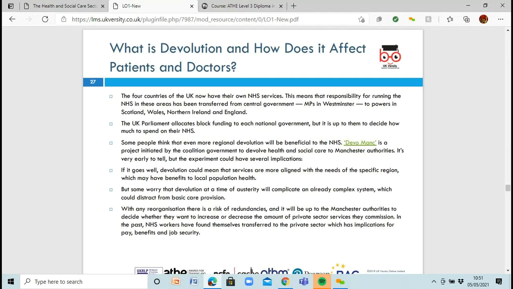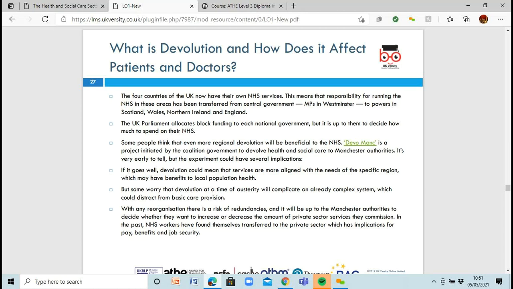And then devolution. Now, what is devolution and how does it affect patients and doctors? We've got something called DevoManc, which is a project being initiated by the government. It's to do with Manchester at the moment, where they're doing experimental studies, really trying to put it together to see if it'll be beneficial or not. If devolution goes well, it means that services are more aligned with the needs of the specific region.